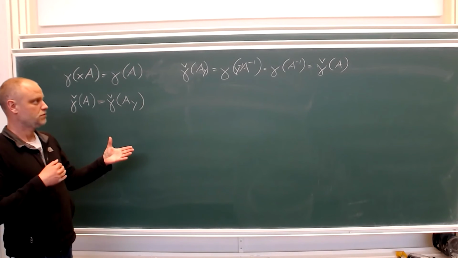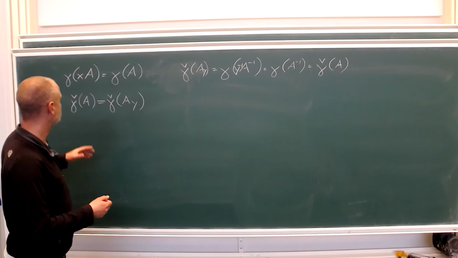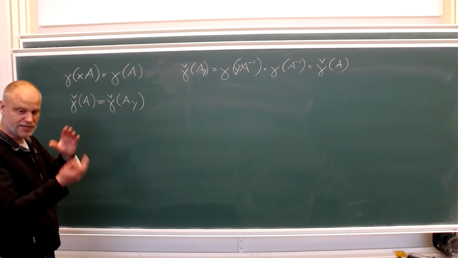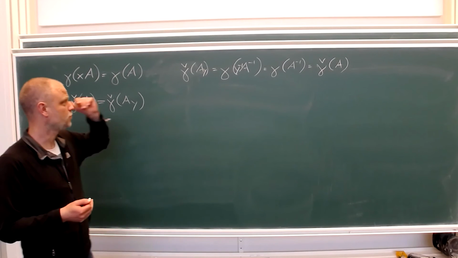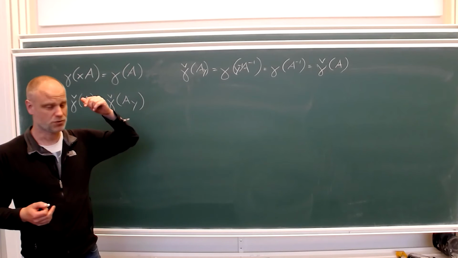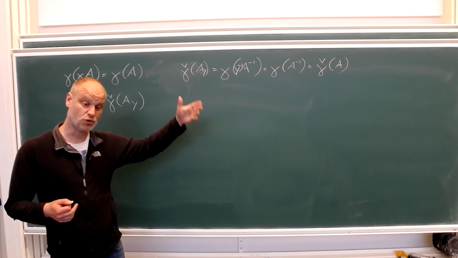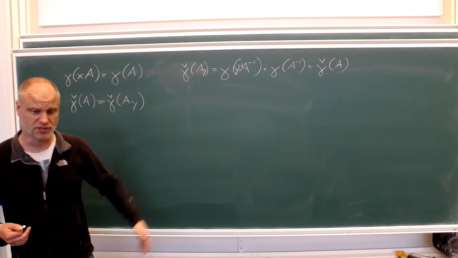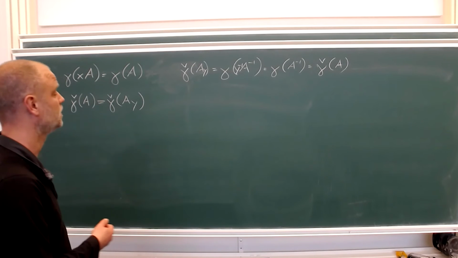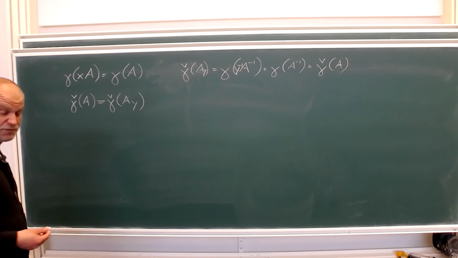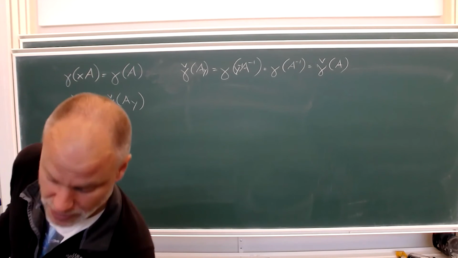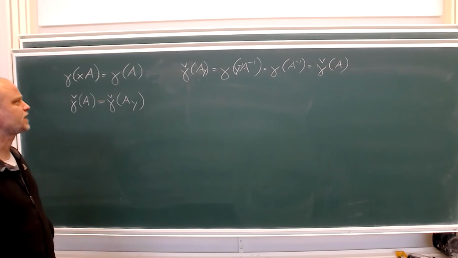So given any left Haar measure, you can construct a right Haar measure this way, so you don't need to do the construction from scratch. And they also prove uniqueness in the beginning.